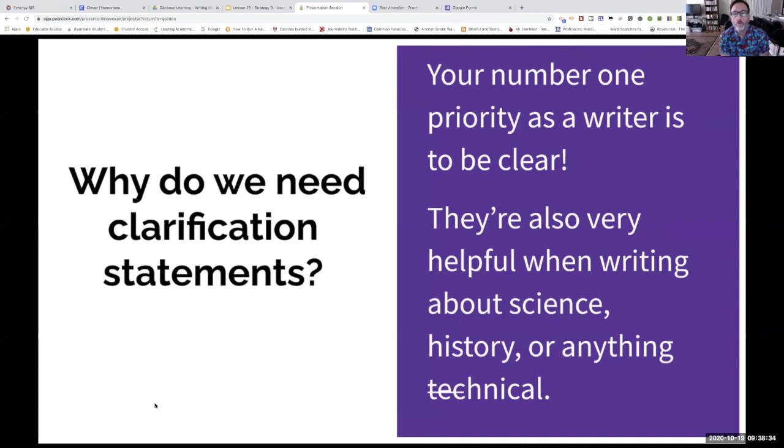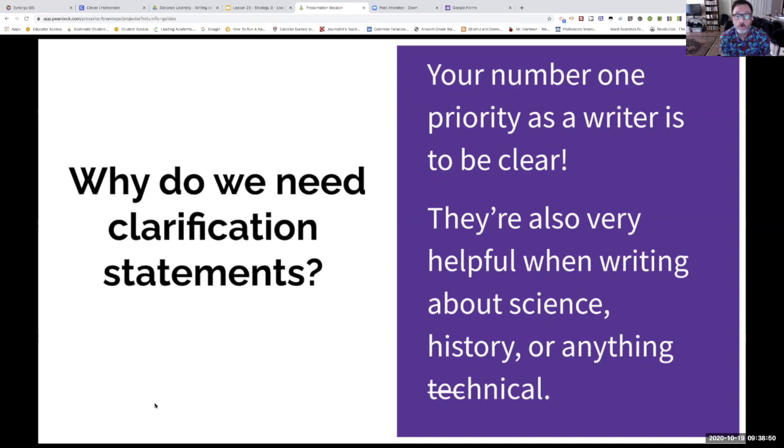Your number one priority as a writer is to be clear. So you don't need to use 8-syllable words or big fancy words, especially when smaller ones will do. So your number one priority is to be clear.